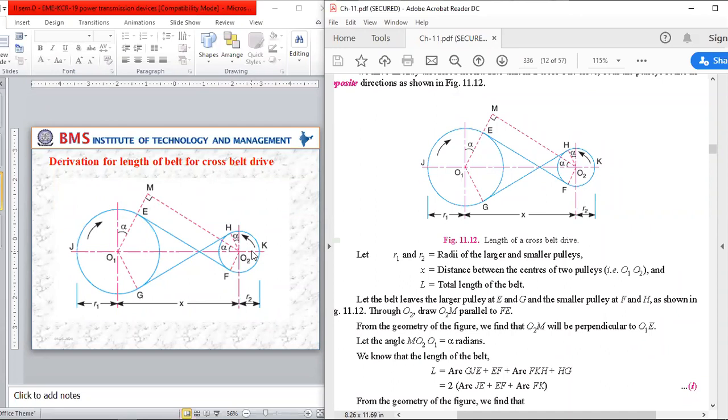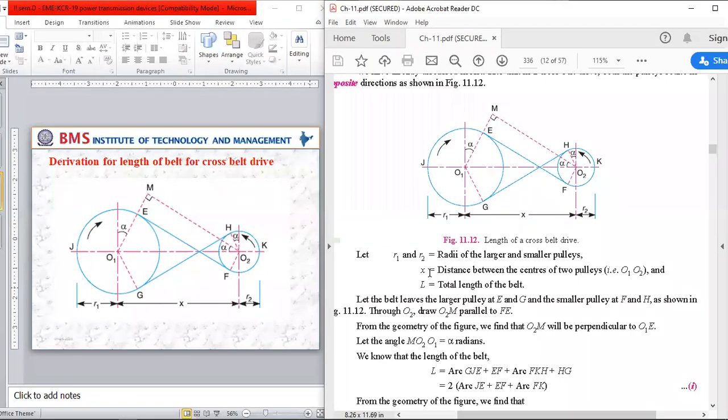So in the case of cross belt drive, the arc of contact length is the same. Whereas in the case of open belt drive, the arc of contact will be different: 180 plus 2 alpha on the larger pulley, and 180 minus 2 alpha on the smaller pulley. So here in this case both are the same. Okay, this is defining the terms first.